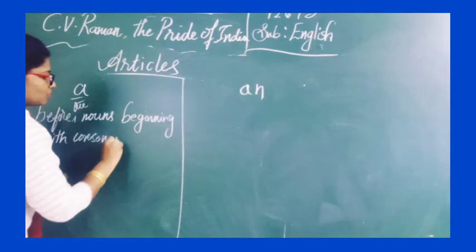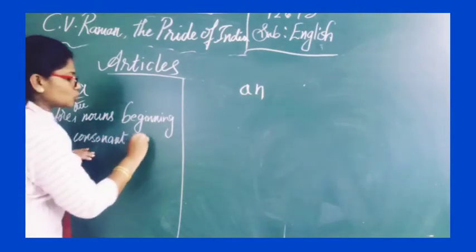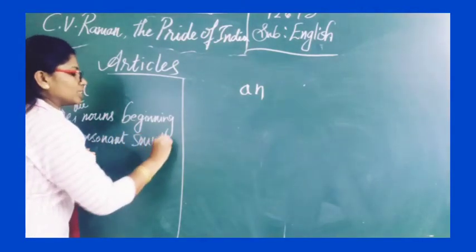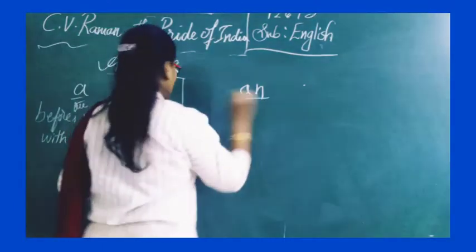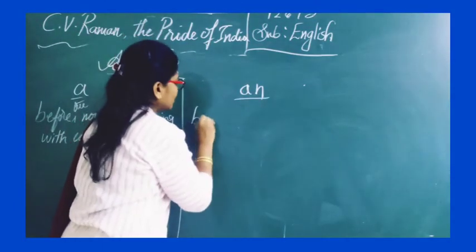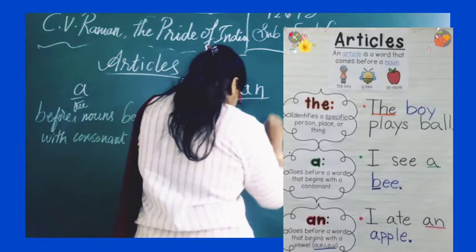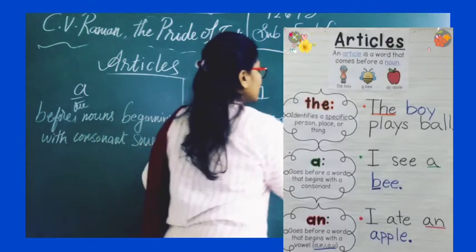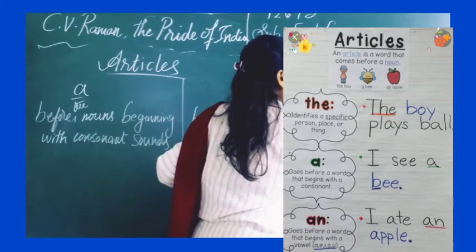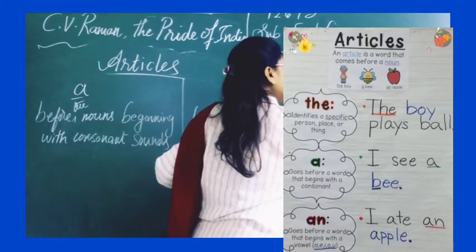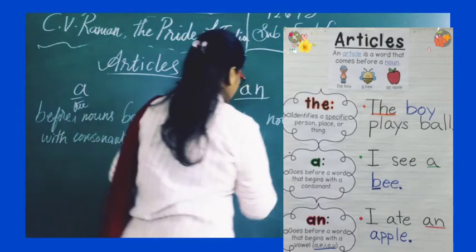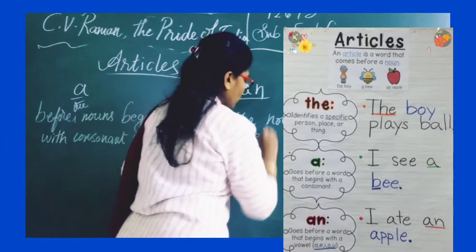Nouns beginning with consonant sounds. And you know very well that we are using the article an before the nouns beginning with vowel sound.